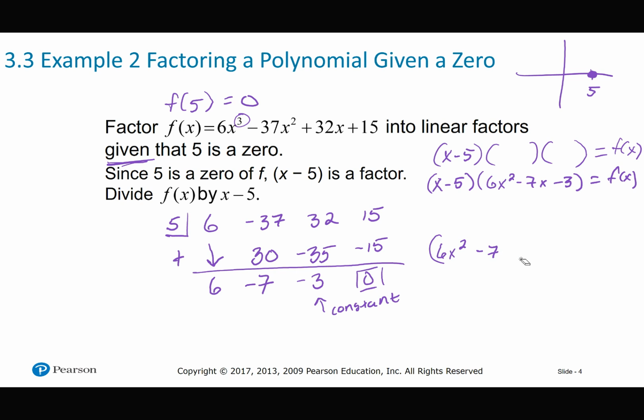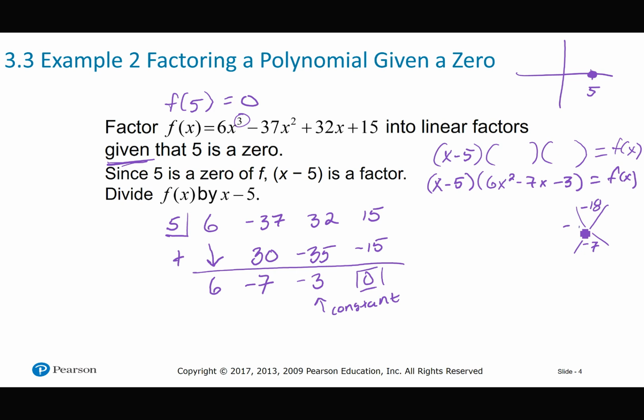The only way to figure this out is I need to do some factoring. So 6x squared minus 7x minus 3. It's not a nice one for us, but we can do it. I'm trying to come up with two numbers that multiply to be negative 18 and add to negative 7.